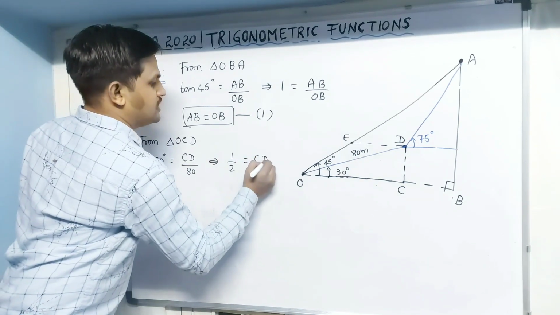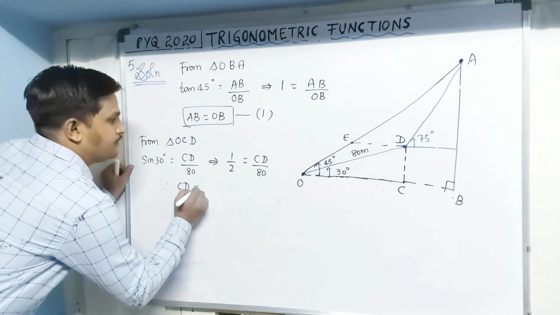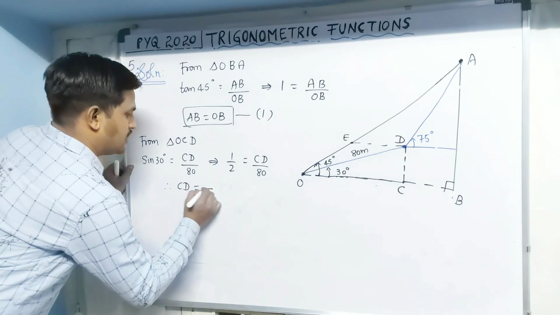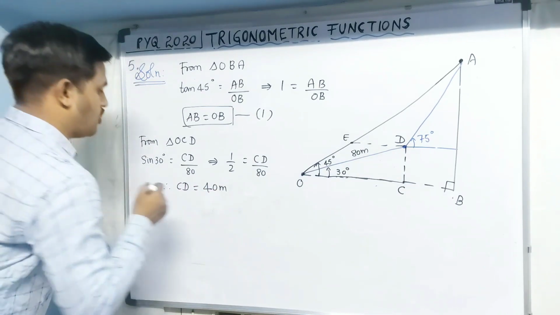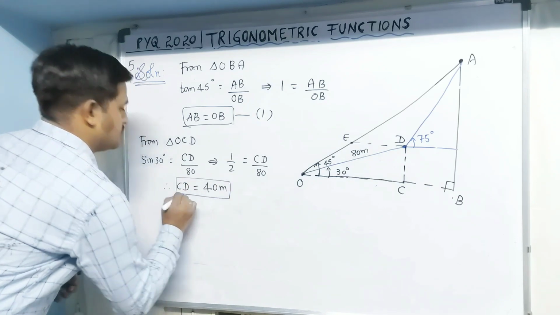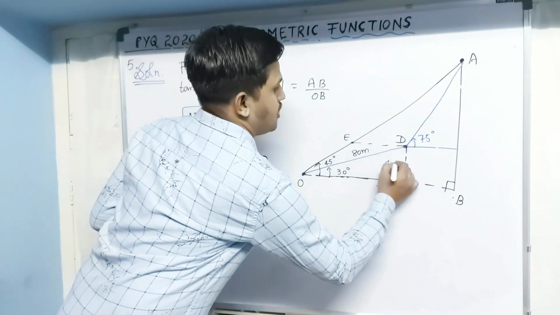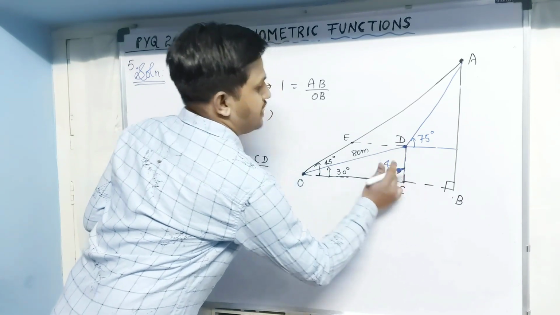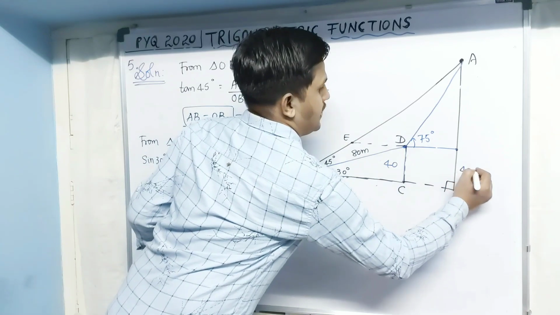So 1 by 2 is equal to CD divided by 80. Therefore the length CD is 40 meters. Let me write here: this length is 40 meters, and you have to observe the figure carefully. If this length is 40 meters, then this length has to be 40 meters only.